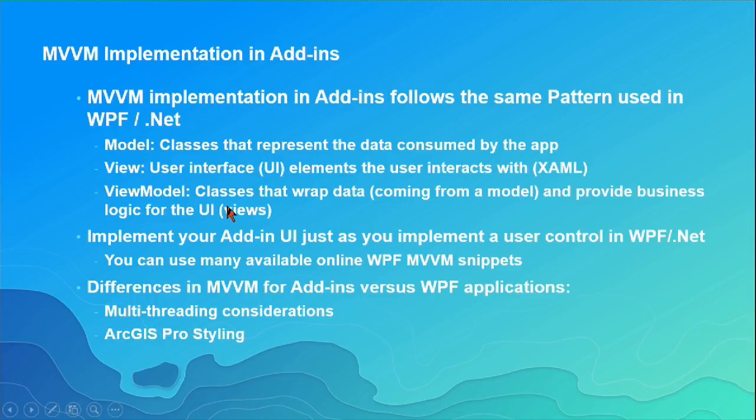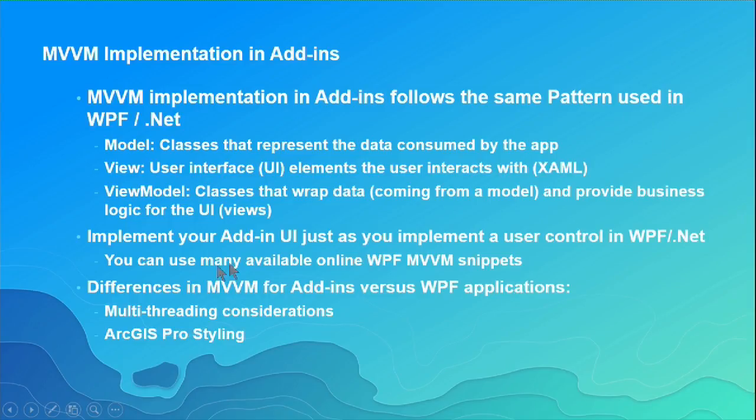And when you implement your add-in UI, you just implement the user control in WPF and .NET. That allows you to just use any sample that's available on the internet. And there's plenty of them, and you can copy and paste any kind of WPF MVVM snippet into your UI or into your code.